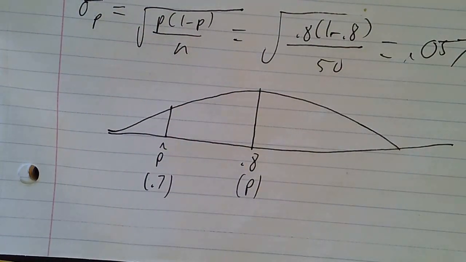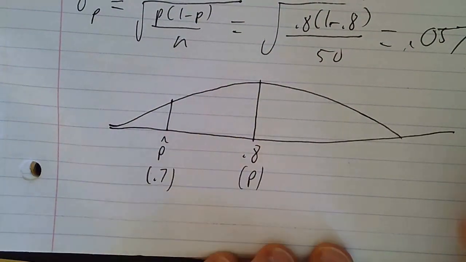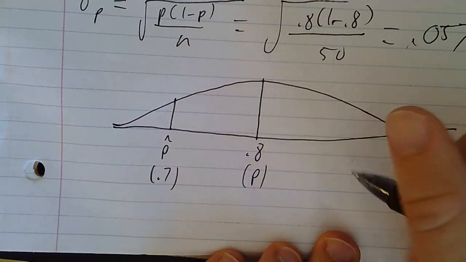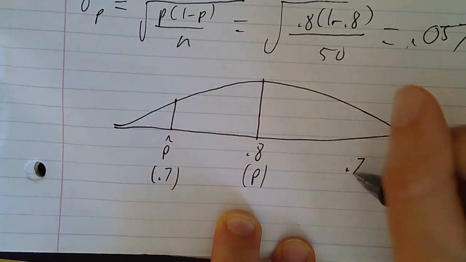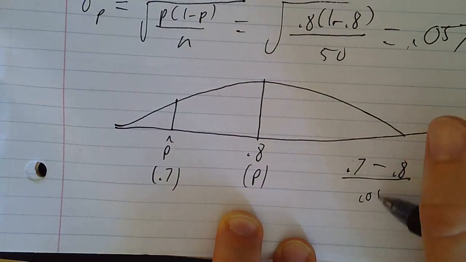Now we need to find how many standard deviations this is away from the mean. This is the z-score formula. We take the value 0.7 minus the mean 0.8, divided by 0.057.